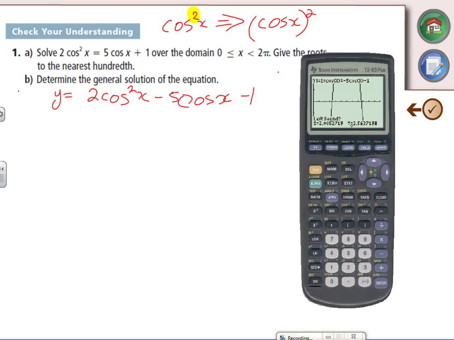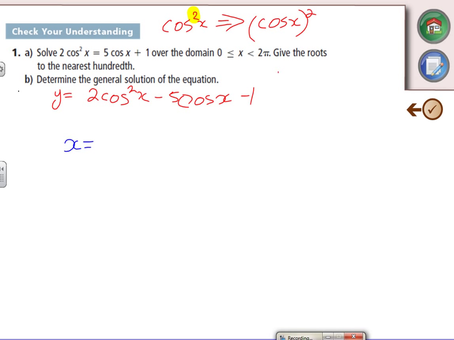Perfect. 1 to the left, 1 to the right, and find it. So 1.76. So x equals 1.76. That's our first one. And if I went and found the other one doing the same thing, I'd also find 4.53.